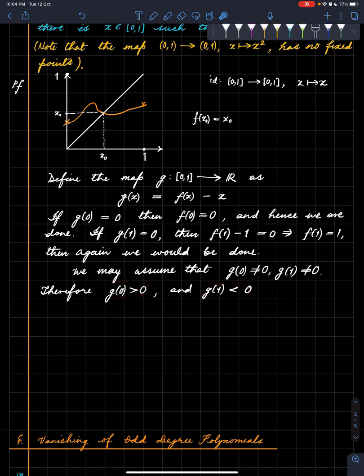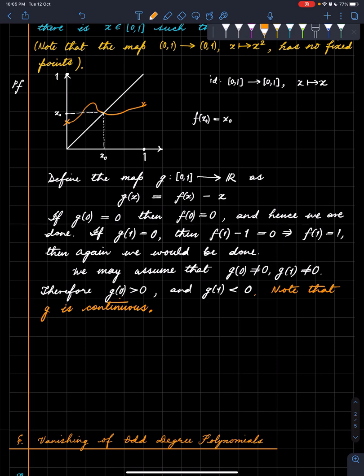And now lastly, this is the most important point, that g is continuous. Why is g continuous? Because g is the difference of two continuous functions.